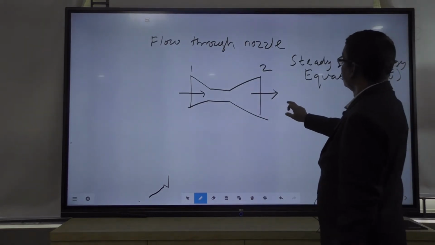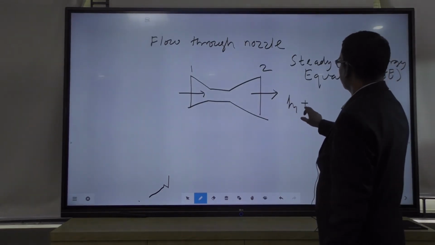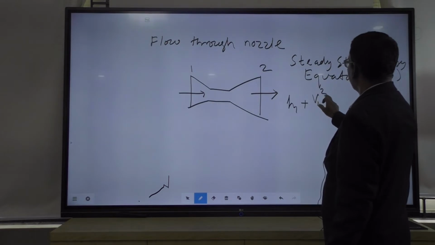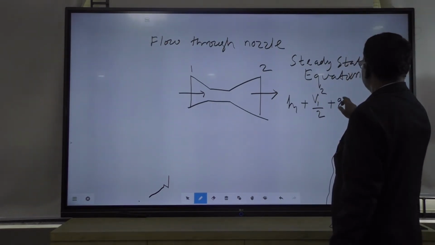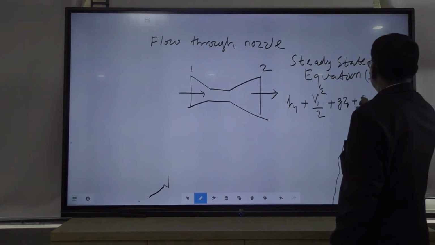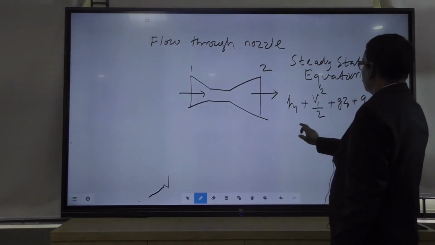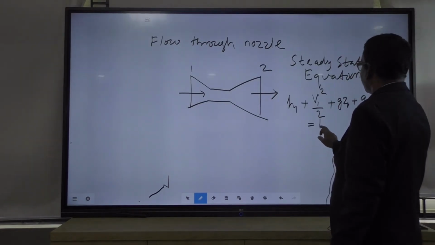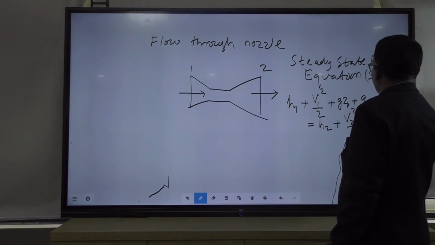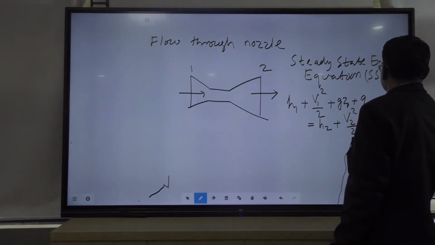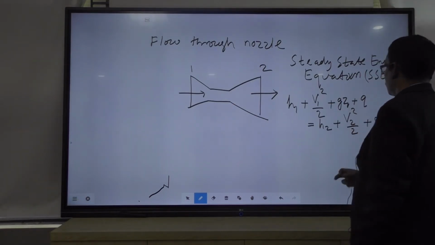Here the equation says H1 plus V1 square by 2 plus gZ1 plus Q is equal to H2 plus V2 square by 2 plus gZ2 plus W, the work output.